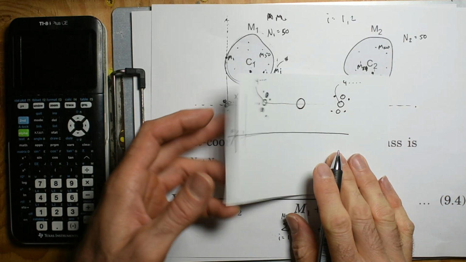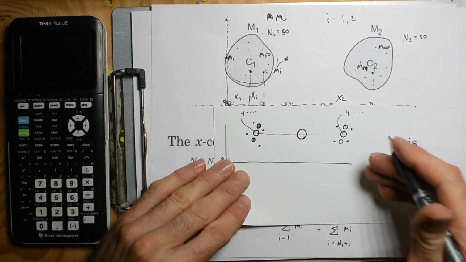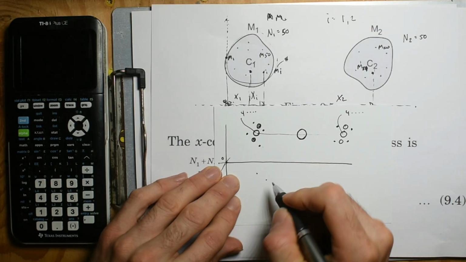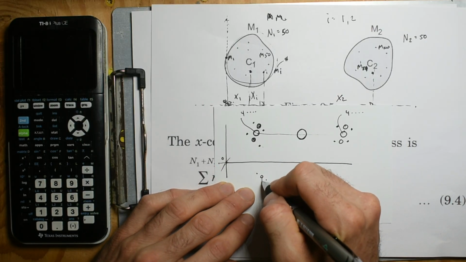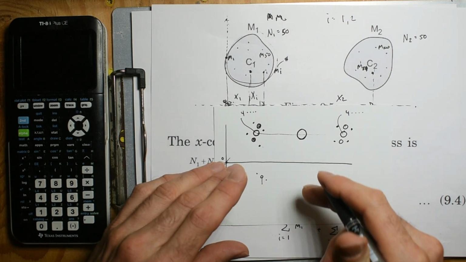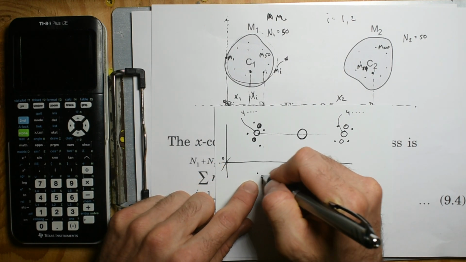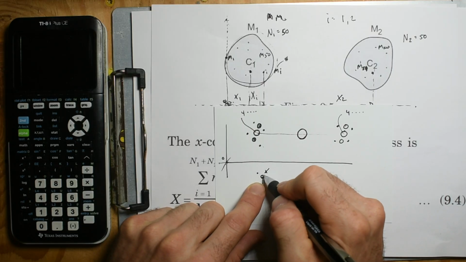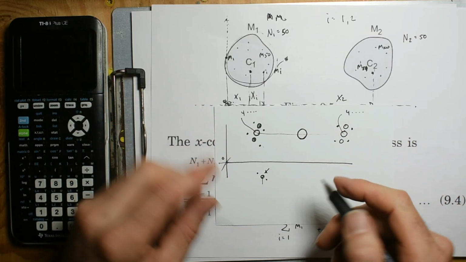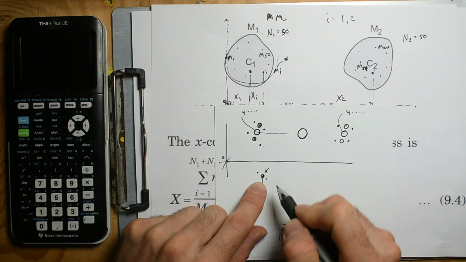So at any stage of the game, you can take any 2 particles and find the center between them, and then just say that you can treat those 2 particles now as a particle with twice the mass, if the particles are all the same mass, at that location.